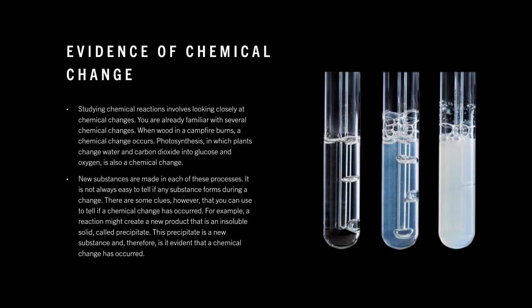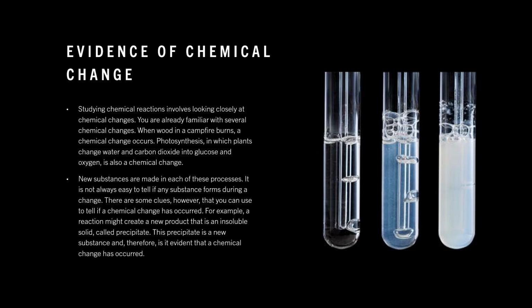When wood in a campfire burns, a chemical change occurs. Photosynthesis, in which plants change water and carbon dioxide into glucose and oxygen, is also a chemical change. New substances are made in each of these processes.